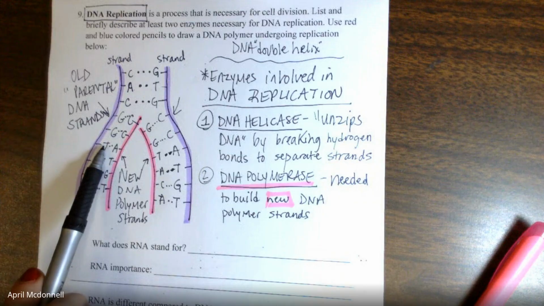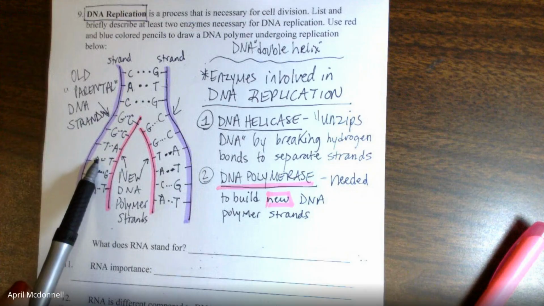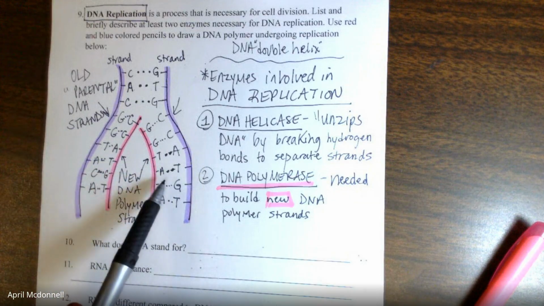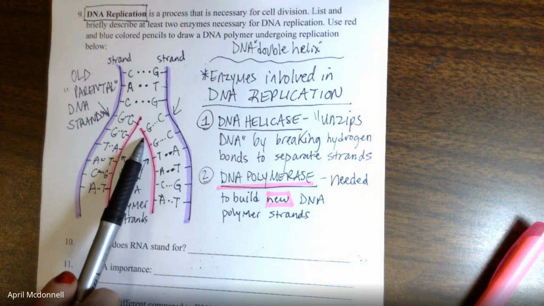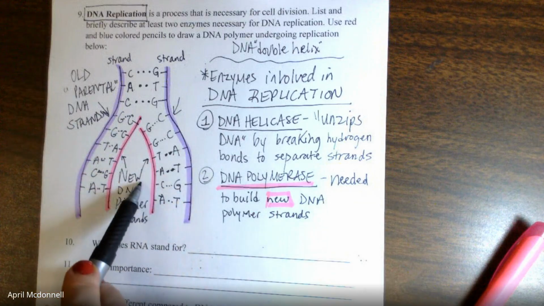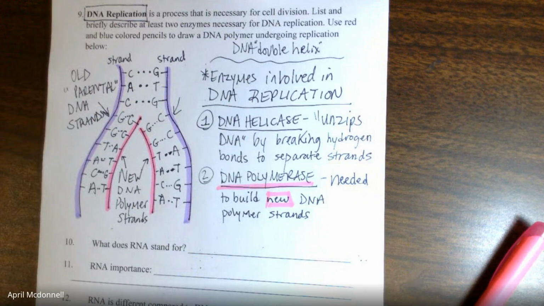Here's our third base pair, TA, TA, and we have our fourth base pair. They are exactly identical. This process will continue along the whole DNA molecule until the entire DNA molecule is replicated.